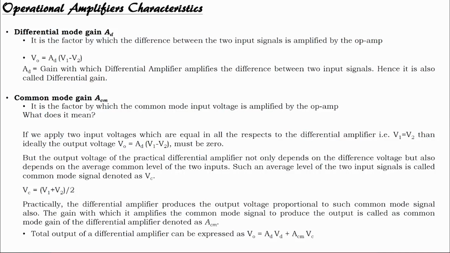The output voltage of the operational amplifier depends on AD into VD, where V1 minus V2 is VD, the differential voltage, plus ACM into VCM. So the output voltage depends not only on the differential mode gain and differential mode voltage, but also on the common mode gain and common mode voltage.